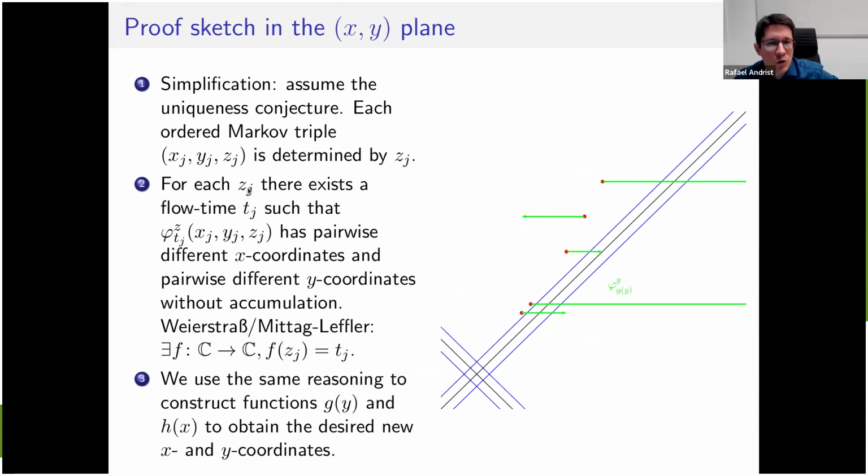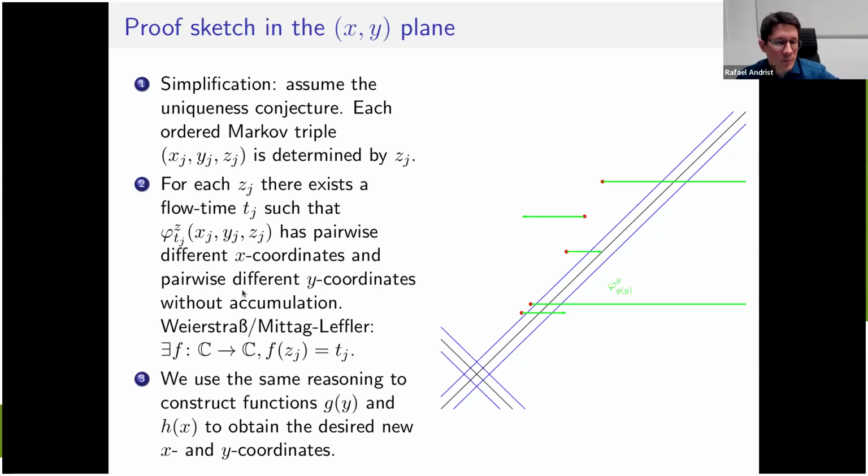I mean, I have a lot of freedom in these flow times. So making the projections to the coordinates pairwise different is not the problem. Even if we don't assume this conjecture, I may have to wiggle a little bit with other flows as well first, so the conjugation might be a bit more complicated.